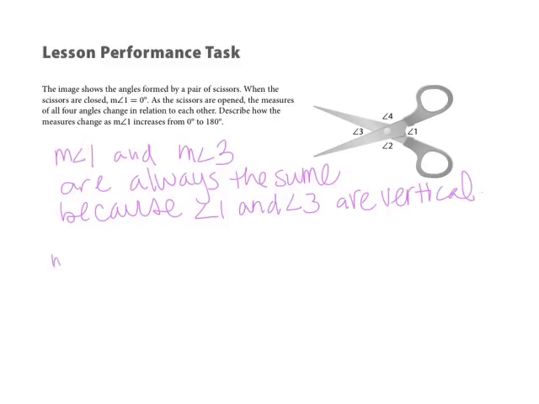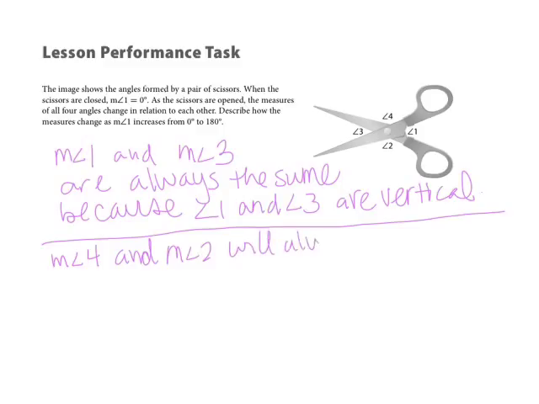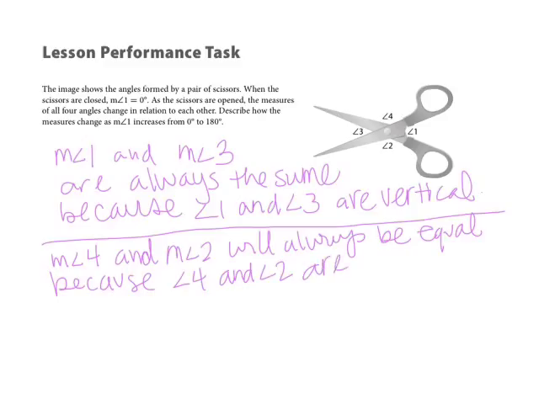Now, the measurement of angle 4 and the measurement of angle 2 will also always be the same, also because they are vertical. Angle 4 and angle 2 are vertical.